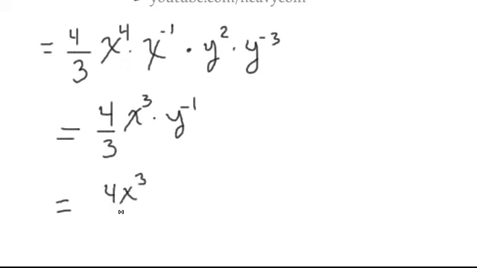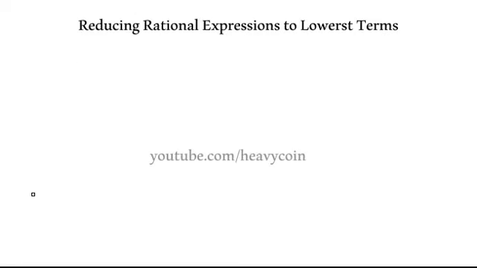So we get 4x to the third over 3y, and of course I don't write a 1 here; it's just assumed. This is what we did in the previous section.